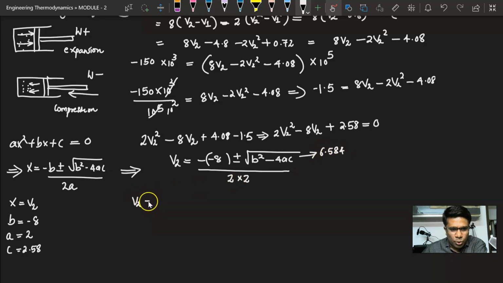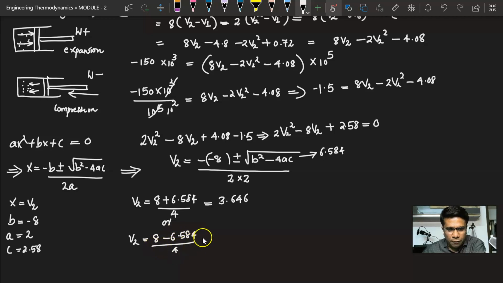Therefore, V2 is equal to either 8 plus 6.584 divided by 4, which will be equal to 3.646, or V2 is equal to 8 minus 6.584 divided by 4, which will be equal to 0.354. So we have two values for V2.